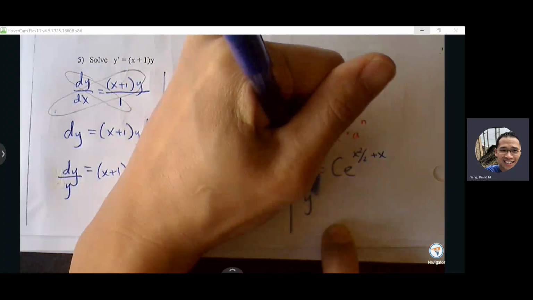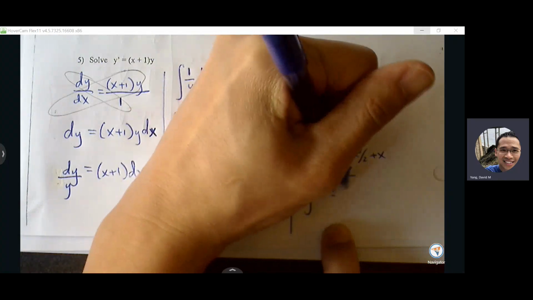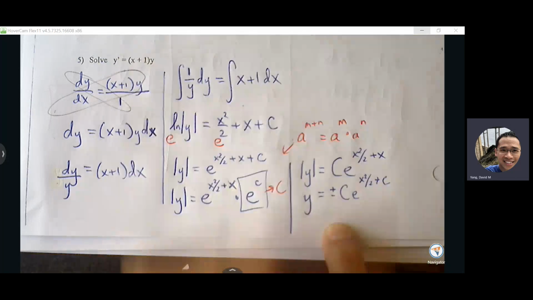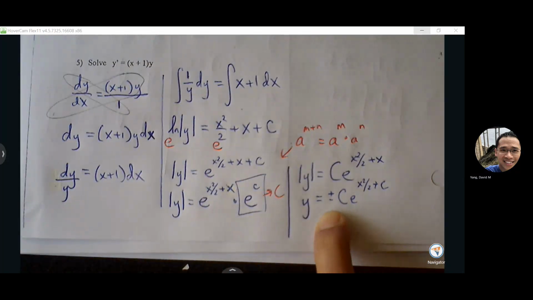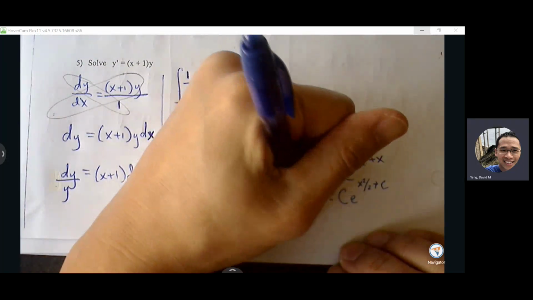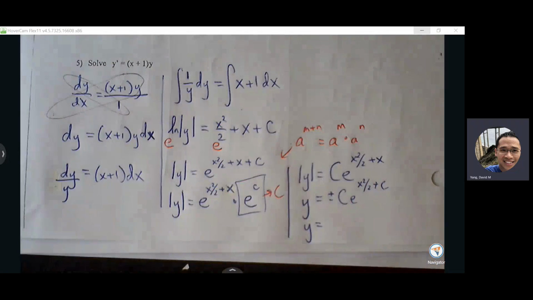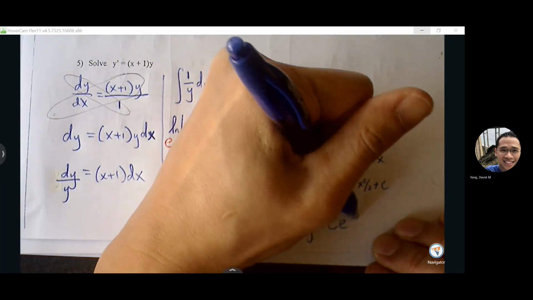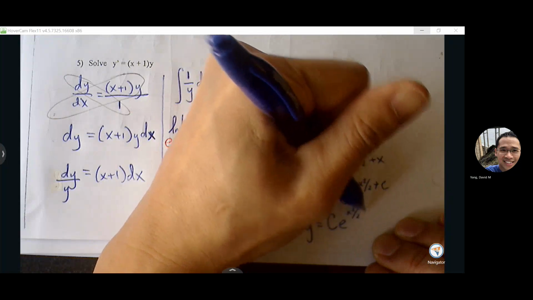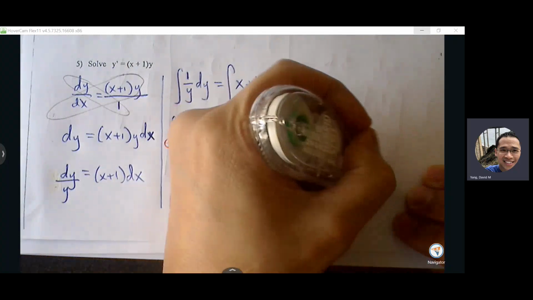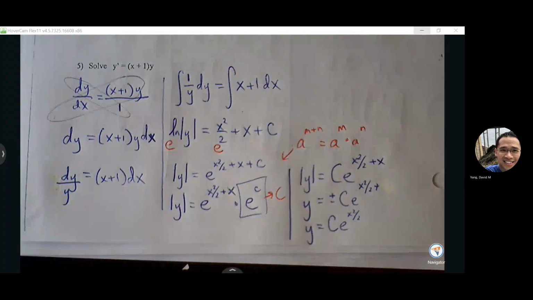So I'm going to drop the absolute value, but I got to balance it with a plus or minus. But now what can I do with that plus or minus? It can just go away because of the c. The c will take in the plus and the minus value. Plus x, I keep writing plus c, it's plus x.